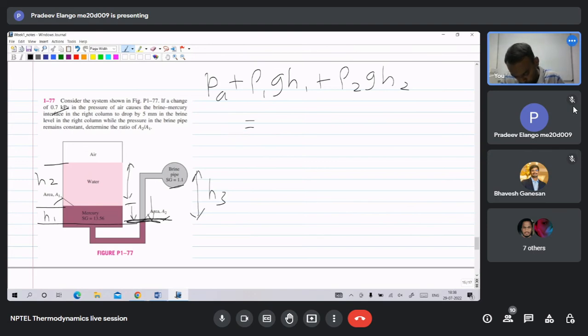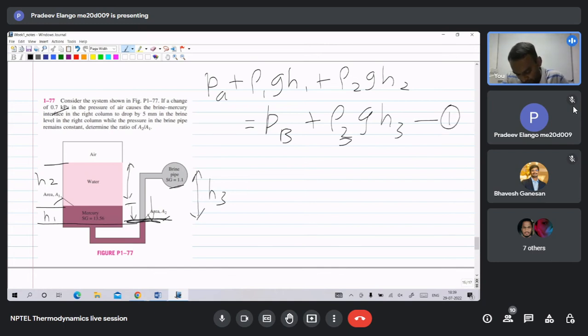This should be equal to the pressure in the brine pipe given by P B plus rho g h of this brine column, that is rho 3 g h3. So 3 represents the brine solution, 1 represents mercury, and 2 represents water. So this we can take as equation 1.